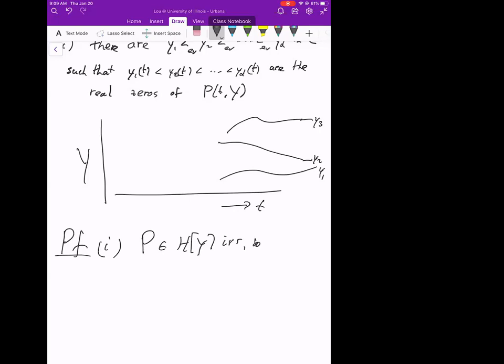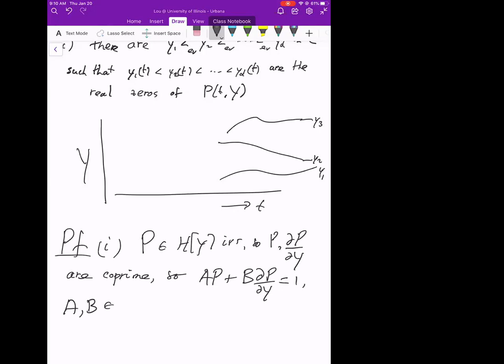So that means that P and its derivative with respect to Y are co-prime. So what that means is that AP + B ∂P/∂Y = 1 for suitable polynomials A and B, also in H[Y].